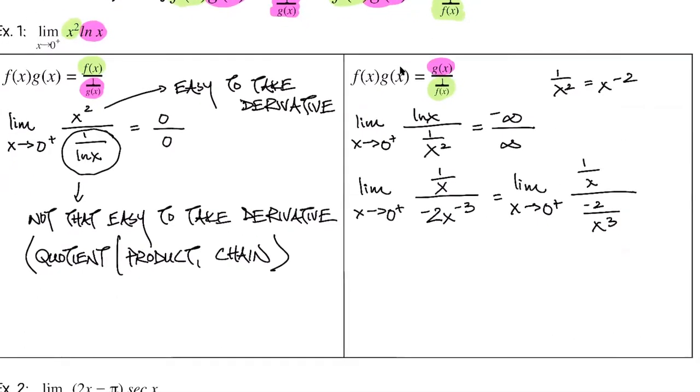Now, this seems like a good situation where we saw in 10.1, where we simplify algebraically and then see if we can plug in our number again.